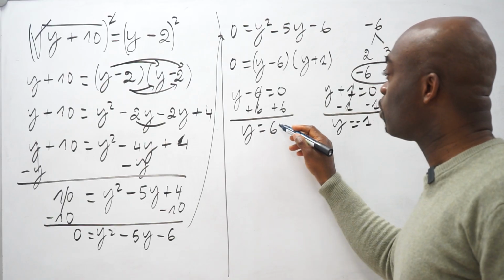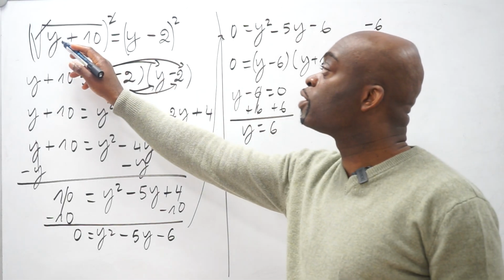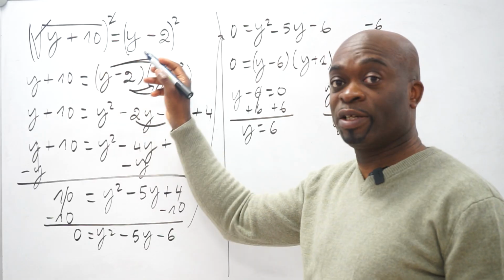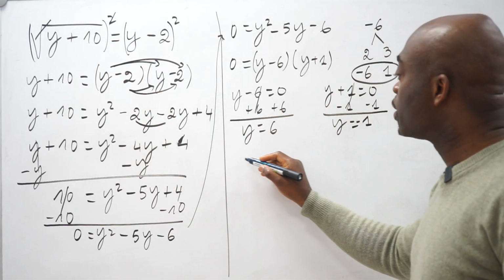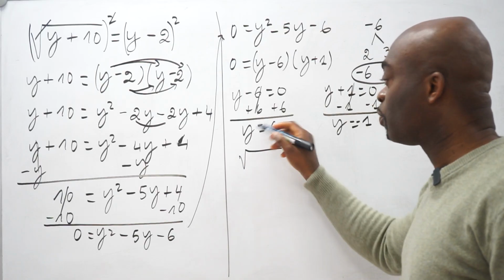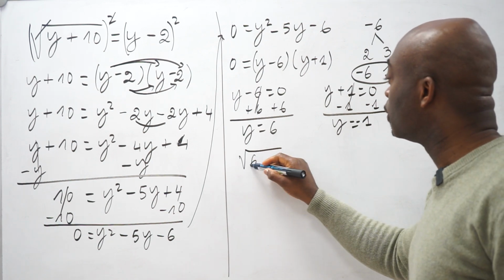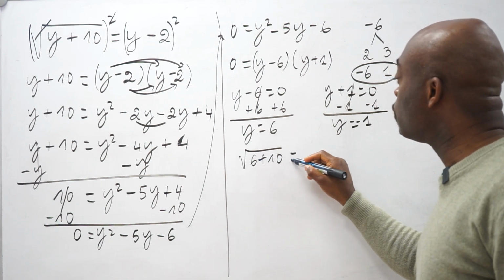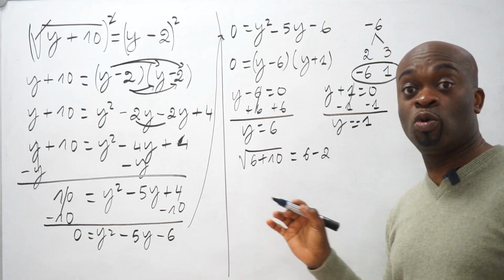So you have y equals 6. That means we go into the original equation, which is square root of y plus 10 equals y minus 2, and then check if we have a true statement or not. So y is 6, plus 10, should be equal to 6 minus 2. So these two should be equal to each other.